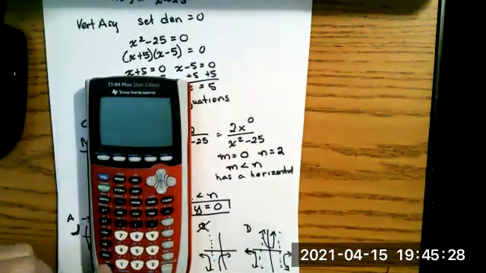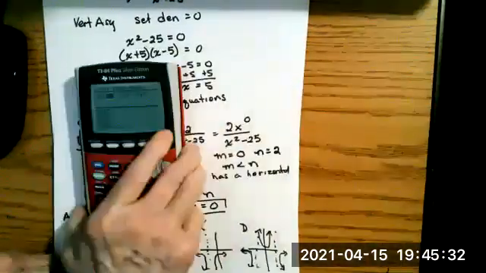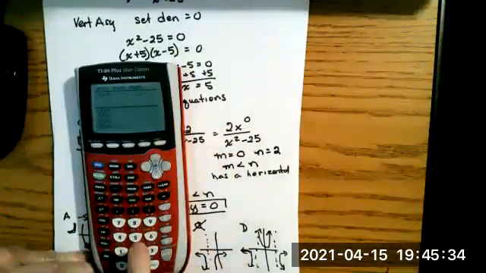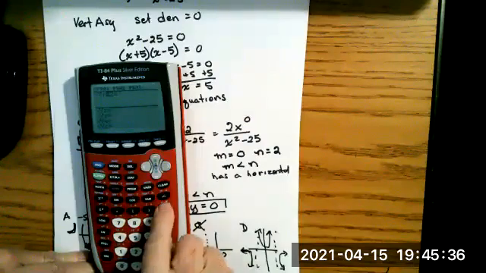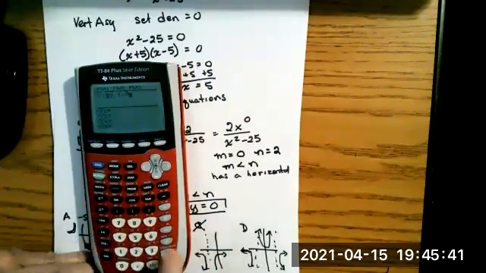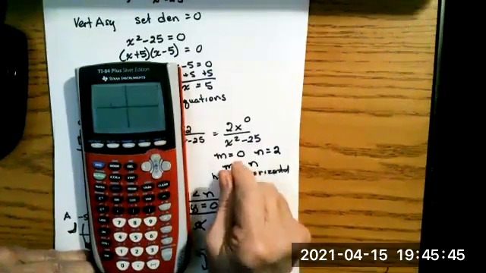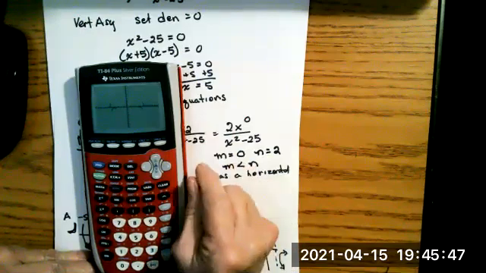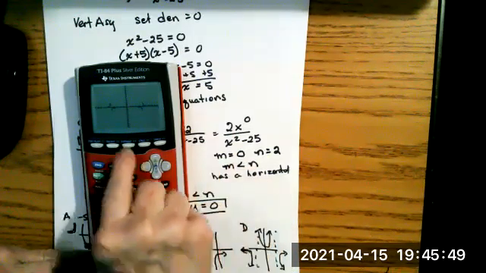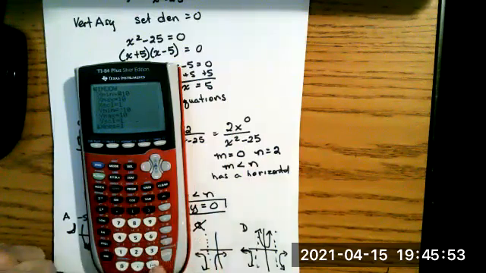To put this in your calculator, you think it's what? D? Let's see. I think it's D. 2 divided by parentheses x squared minus 25. Let's see. I'm going to change my window to something smaller.